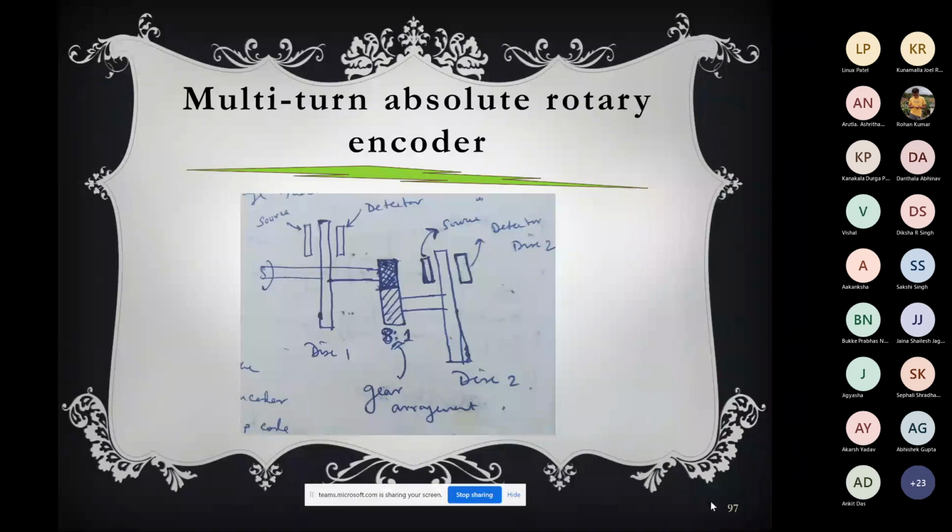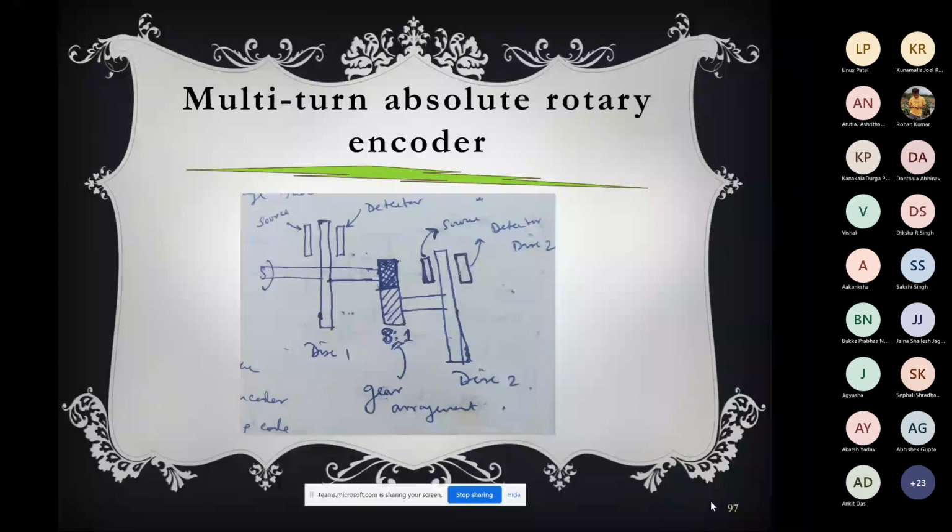In the gear arrangement, disk 2 has 3 tracks, so you know which track the encoder is on. If it is on the first, it is between 0 and 360. If it is on the second track, the angle is between 360 and 720, like this.